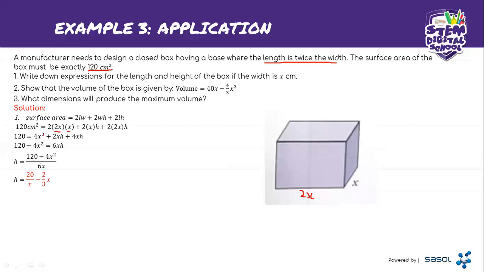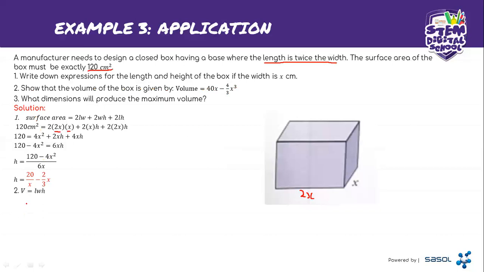The second question: show that the volume of the box is given by this formula. If they are talking about the volume, you just write the formula for volume, then you substitute everything that you have, then you simplify it until you prove that volume equals 40x minus 4 over 3x cubed.